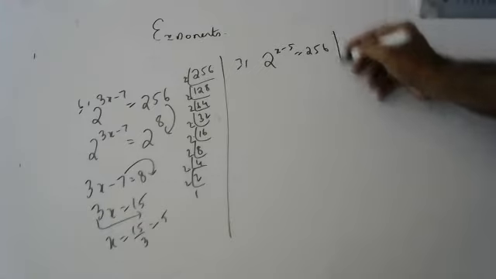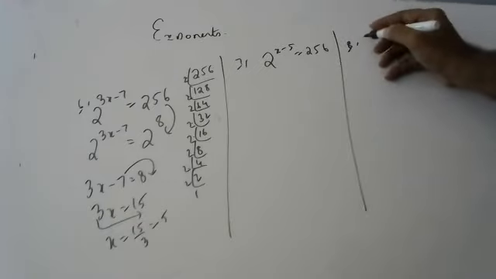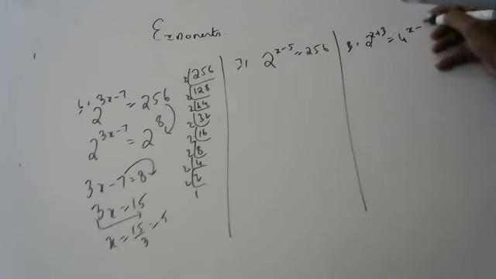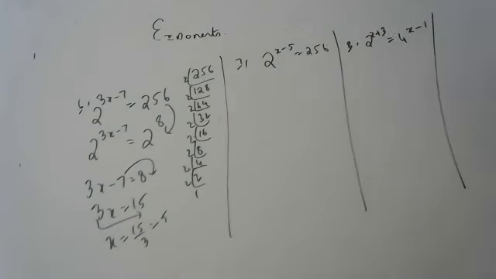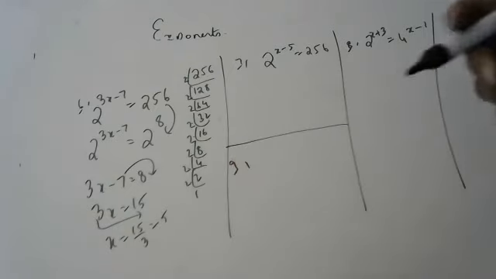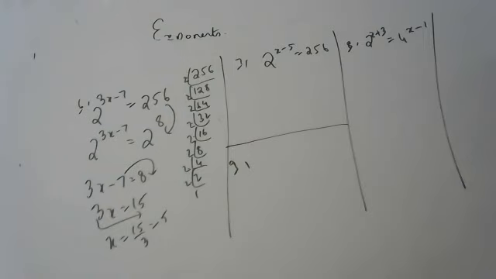Try to do a derivation of the answer. Next one is 2 to the power of x plus 3 is equal to 4 to the power of x minus 1. Try to do it on your own. Sir, I have the answers for both. Okay.